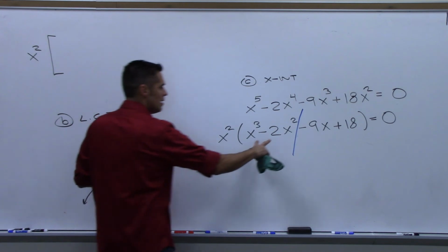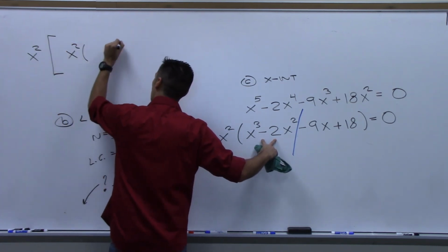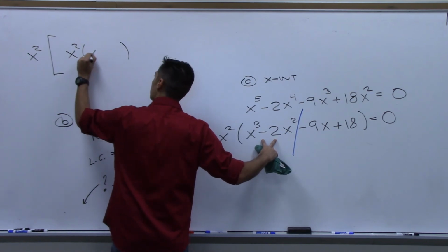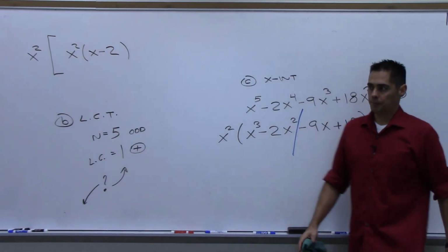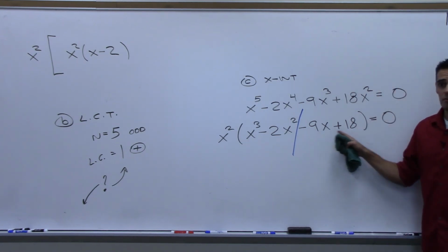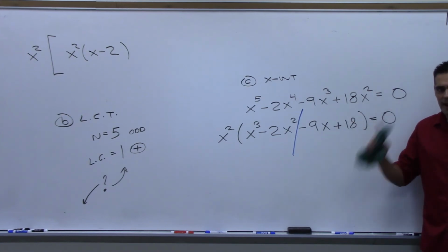So pull out an x squared from here. You're left with x squared and then in parentheses what? X minus 2. Okay, and then over here what you need to do is be able to pull something out here, right? A 9? Negative 9? You could do either one, right? But there's one that you have to do, right?